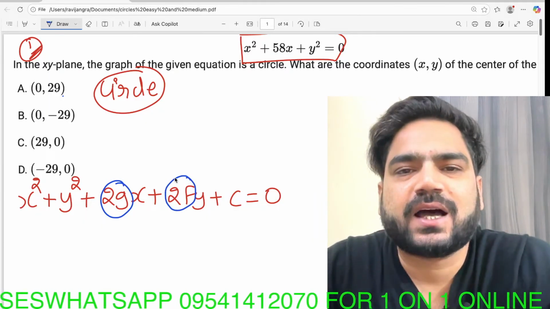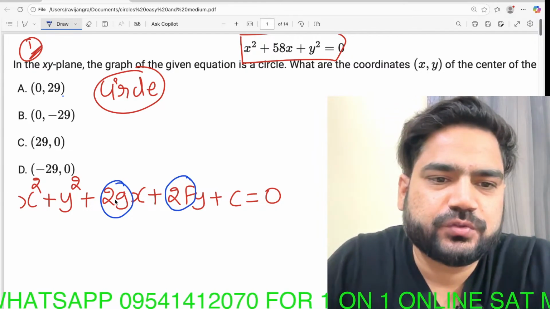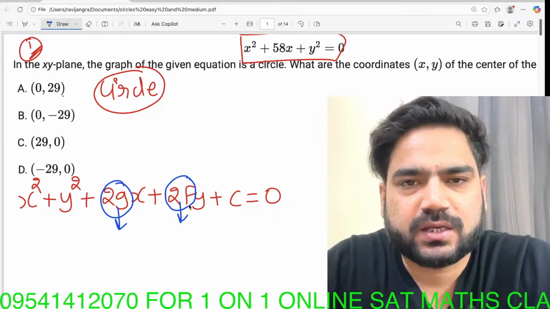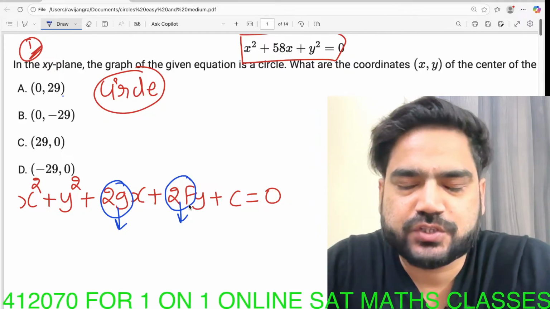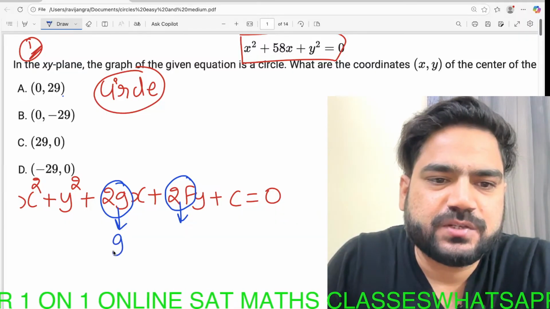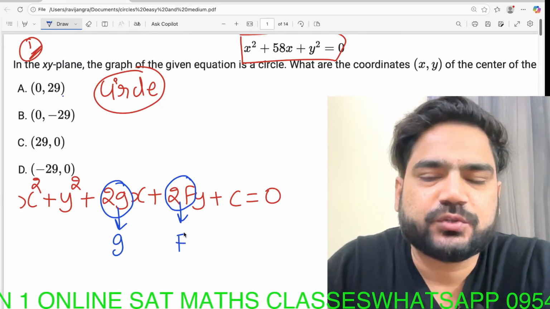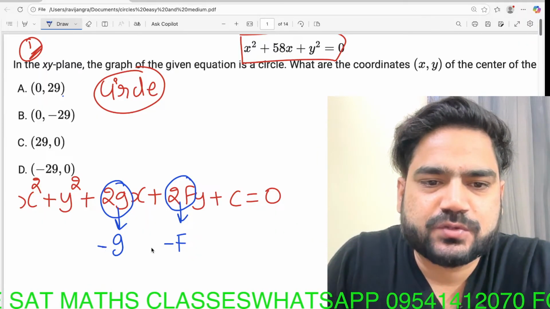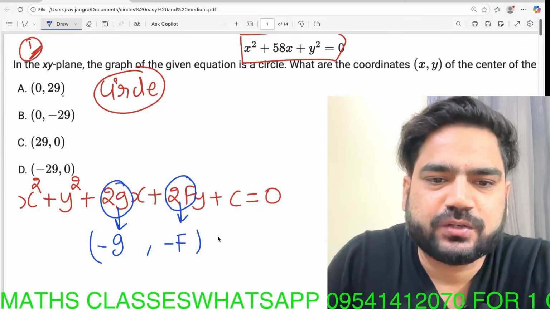Now what you need to do is take half of each. Whatever is the coefficient of x, take its half, and whatever is the coefficient of y, take its half as well. So its half will be g and f, and you have to change their sign. So it will be minus g and minus f. Basically this is the center of a circle.